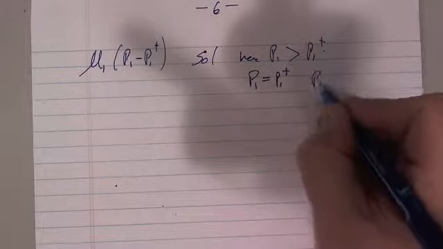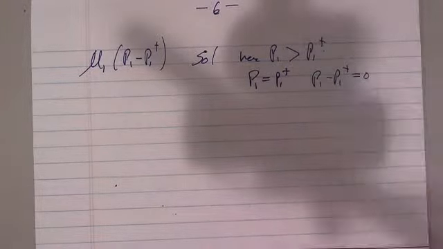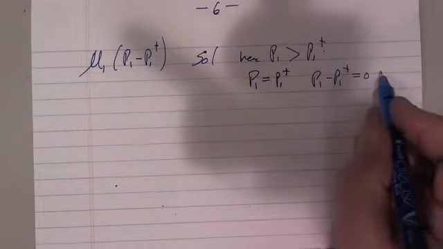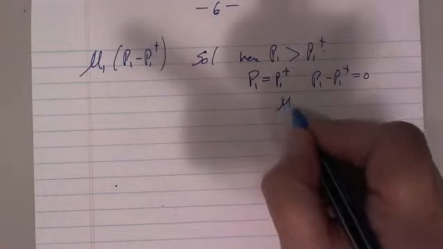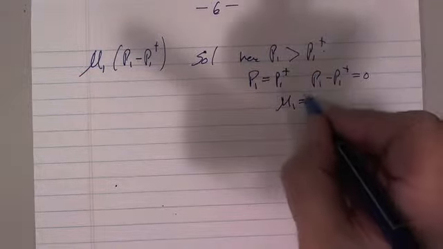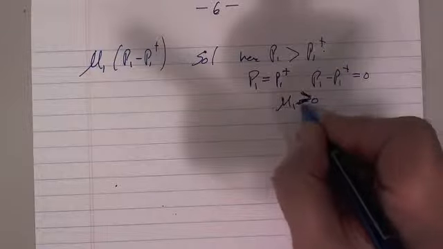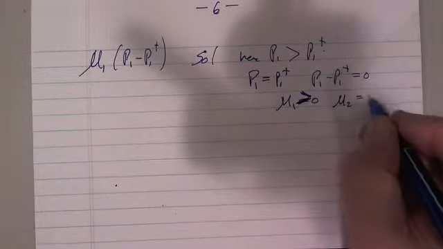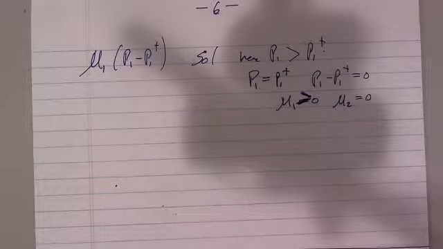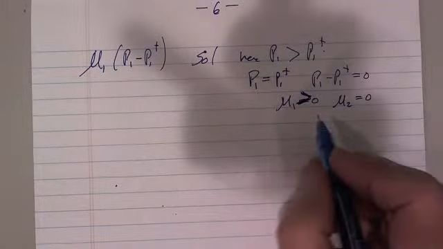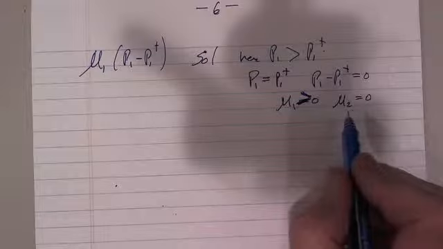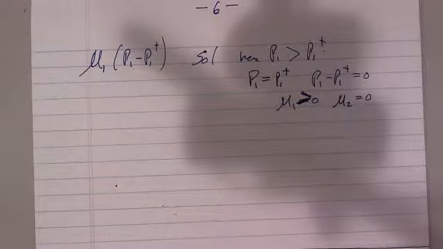Okay, so that P1 minus P1 plus is equal to 0. They're equal. It's an active constraint, in which case mu1 equals 0. Okay? I'm sorry. Mu1 is greater than 0. And mu2 equals 0. And I'm going to force the constraint, and then I'm going to go back and solve it as follows.